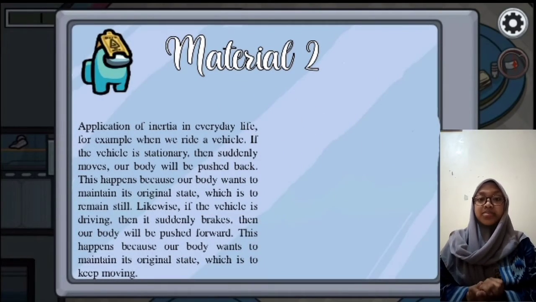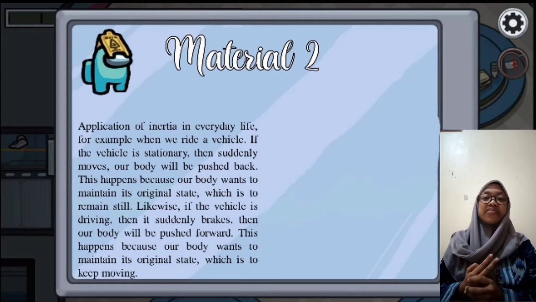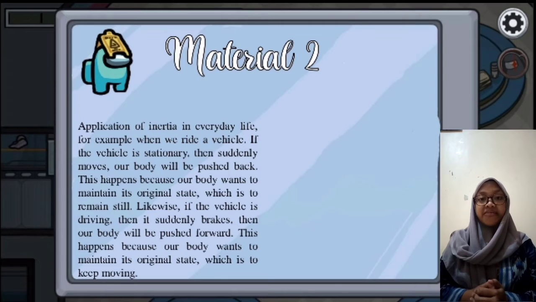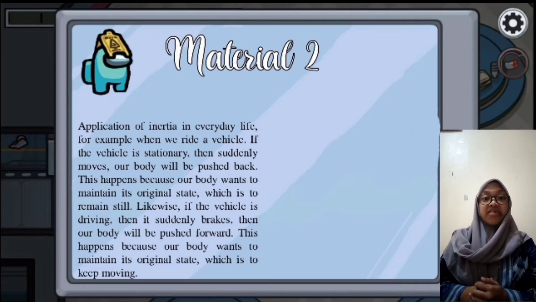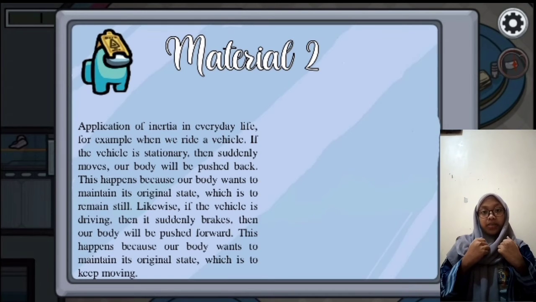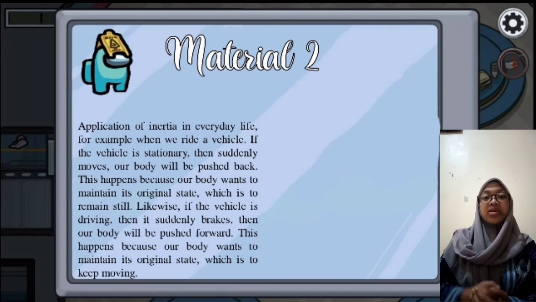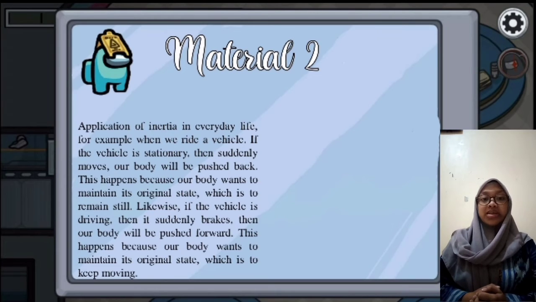Okay, next, material 2. Application of Newton's first law. Application of inertia in everyday life. For example, when we ride a vehicle, if the vehicle is stationary and then suddenly moves, our body will be pushed back. This happens because our body wants to maintain its original state, which is to remain still.